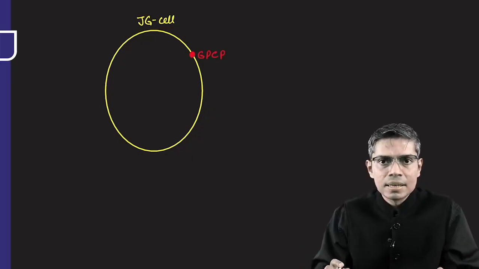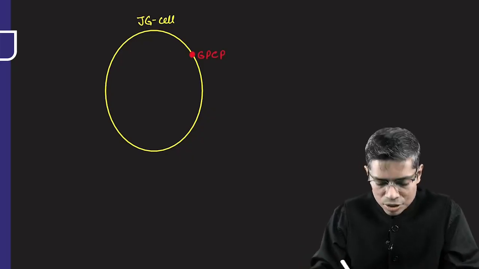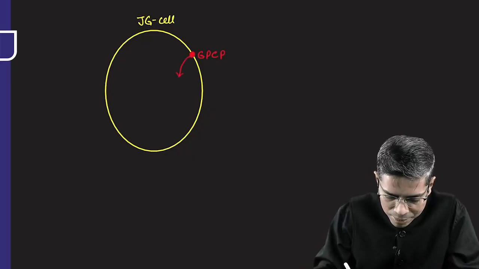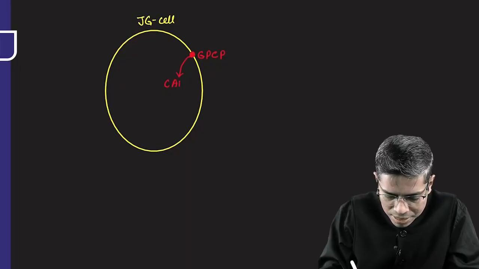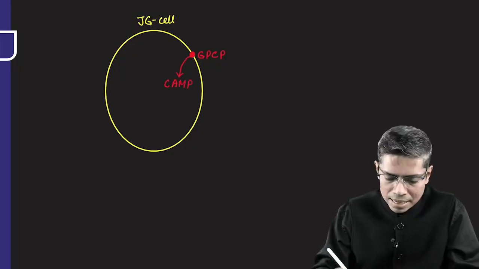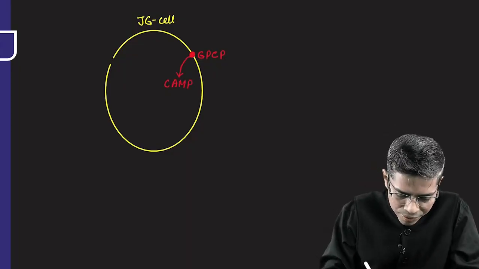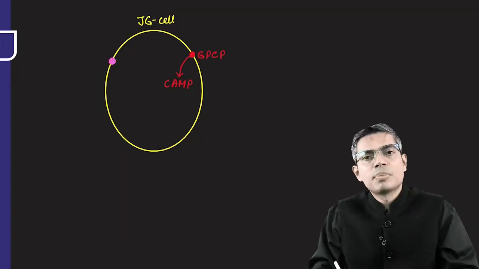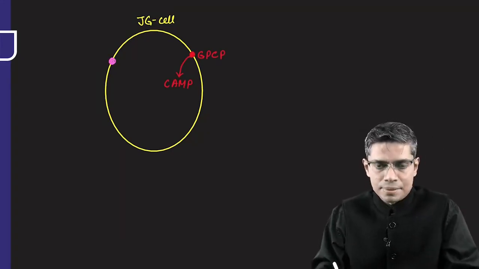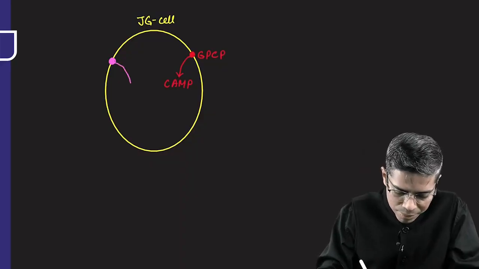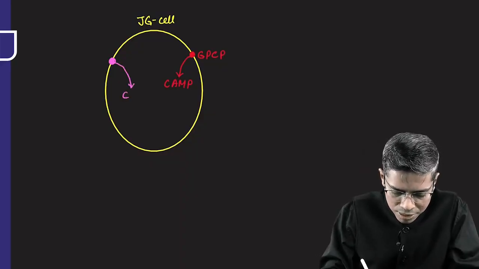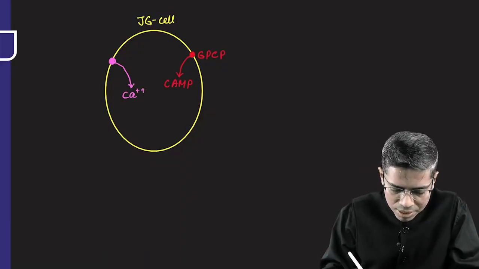But for the time being, if it is connected with Gs or Gi, it will produce a second messenger which is nothing but cAMP. And I am drawing another G protein coupled receptor here. This is a Gq type. Gq type means the second messenger that it is going to produce is an increase in intracellular calcium.